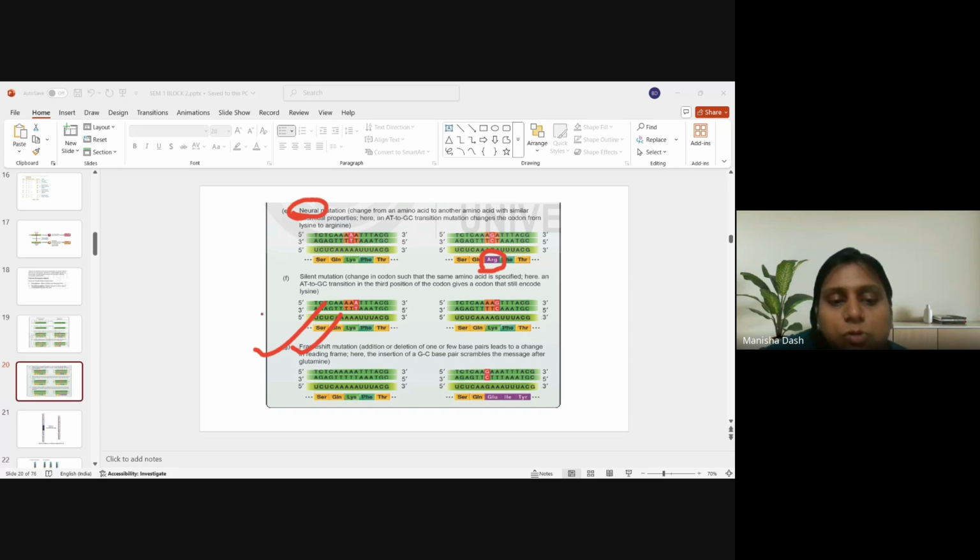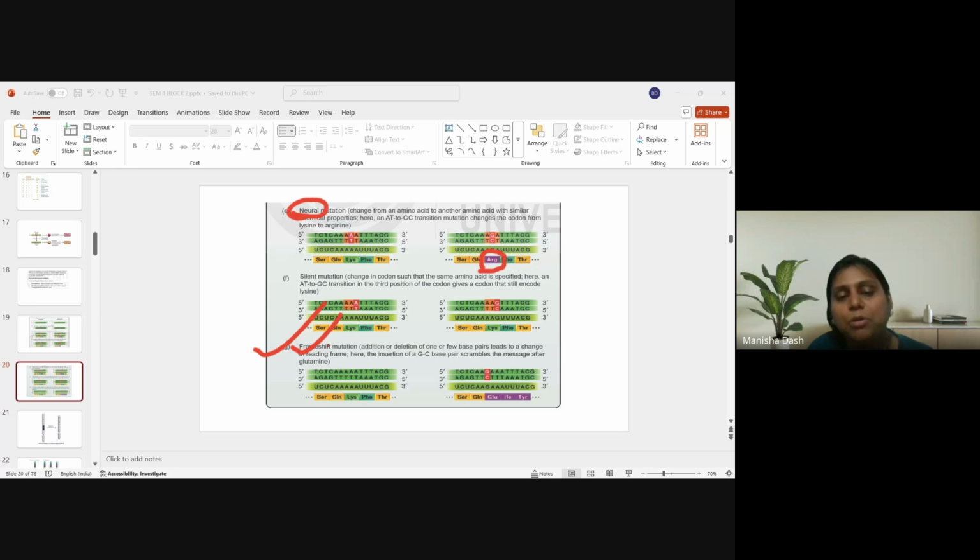Okay. So I hope all the mutation types are clear. First, you have a base substitution where a purine can be replaced by purine or pyrimidine can be replaced by pyrimidine, or it could be vice versa. A purine can be replaced by pyrimidine also, and pyrimidine can be replaced by purine. Based on this, you have either transition or transversion mutation.